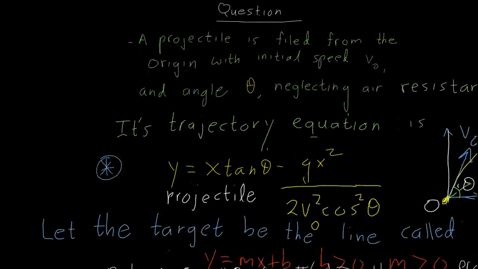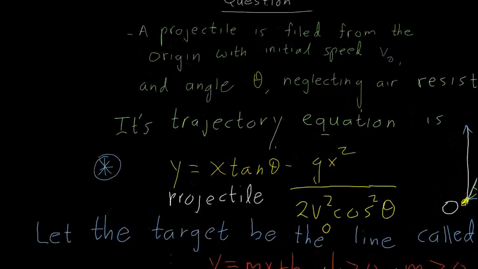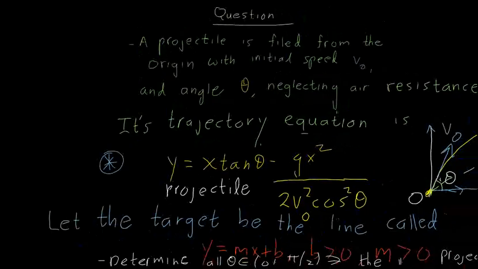If you haven't seen a trajectory equation before, that's not a problem, okay? So y projectile is equal to all of this. That's our problem. We just want to determine all theta between 0 and pi over 2 such that the projectile intersects the line orthogonally, as I mentioned earlier.